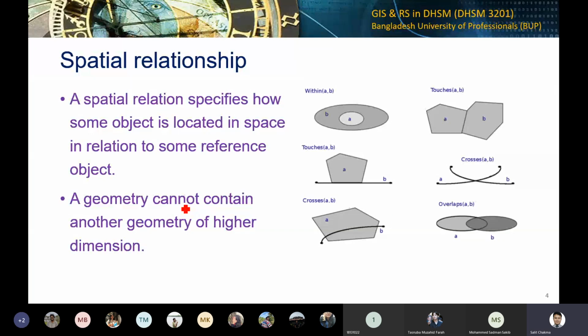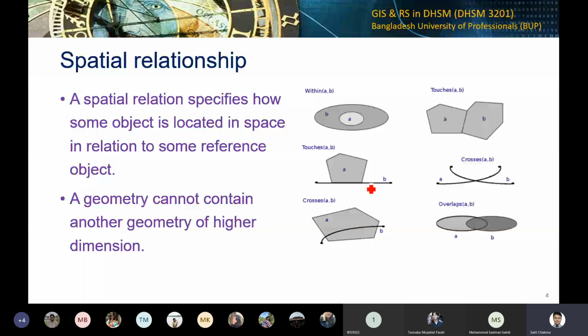Also, when we do that, we have to keep in mind that a geometry cannot contain another geometry of higher dimension. That means a line cannot contain a polygon. A point cannot contain a line because the line is of higher dimension than a point, or a polygon is a higher dimension than a line.